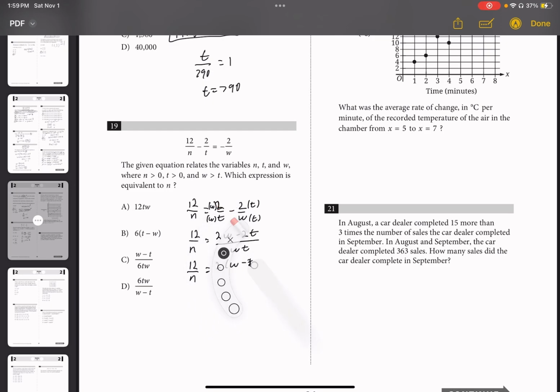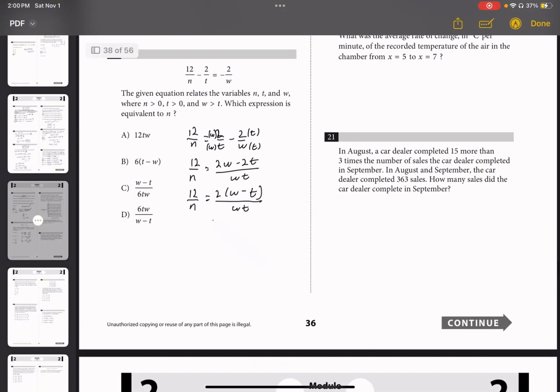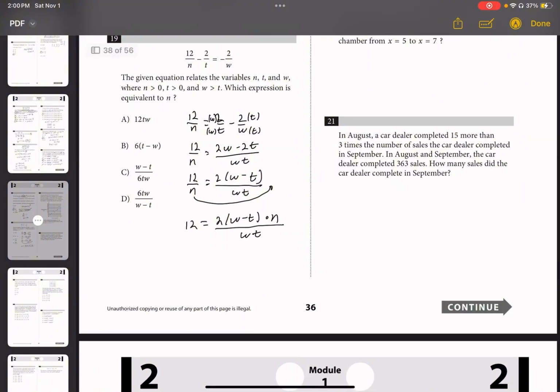It's a little messy, sorry. Over wt. And now what we're going to do is move our n to this side by multiplying. So we get 12 is equal to 2w minus t times n all over wt.